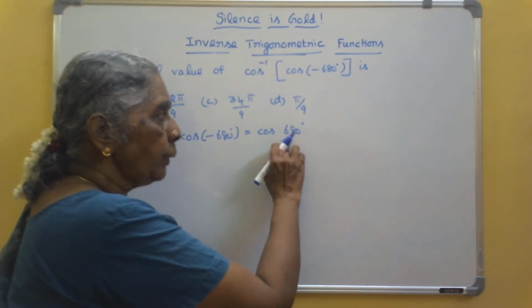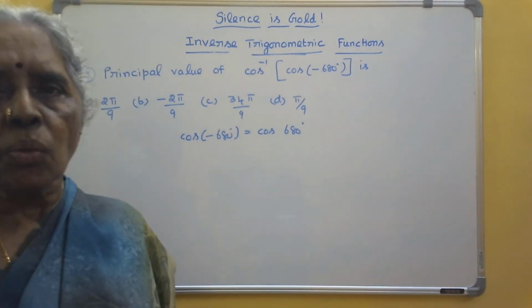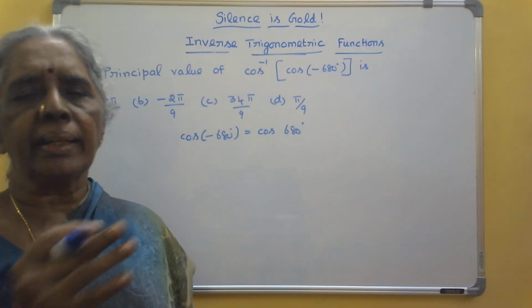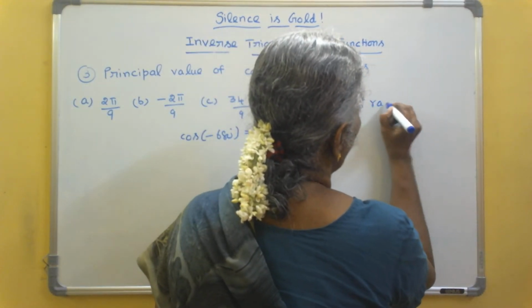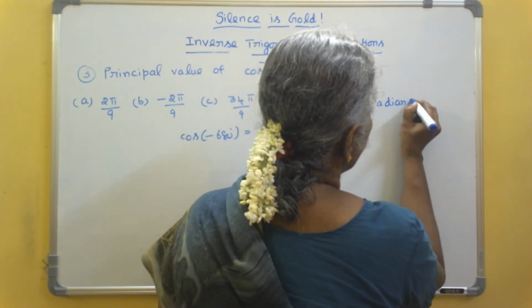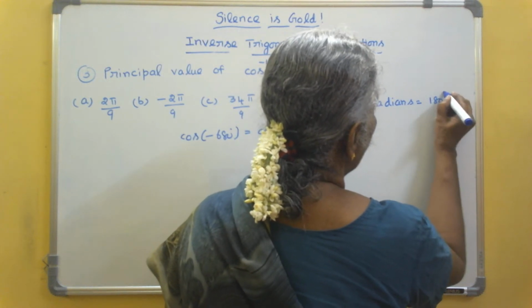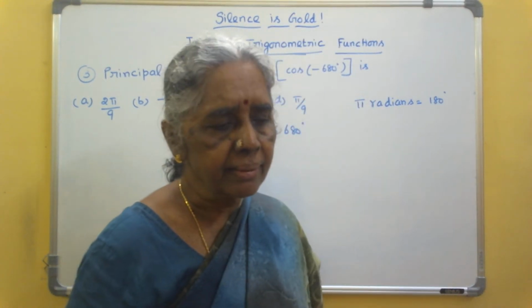Now, I am going to express this in terms of radians so that easily I will get in terms of pi. So, now you know the relation, that is pi radians is equal to 180 degrees, right?